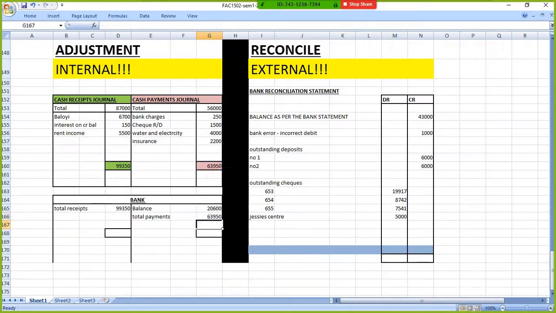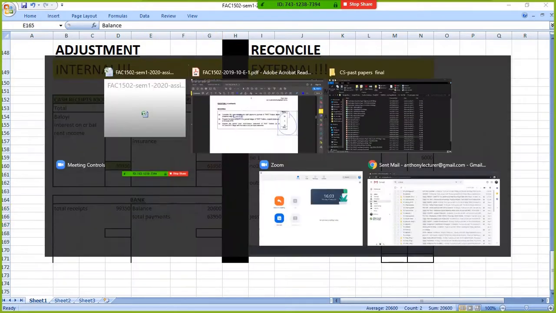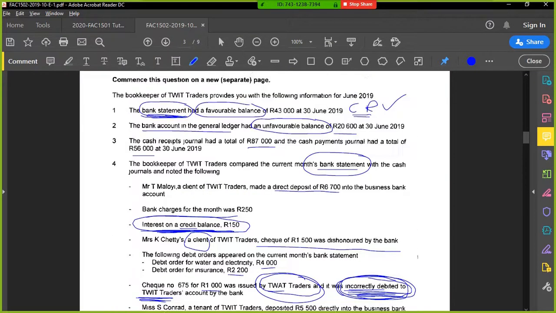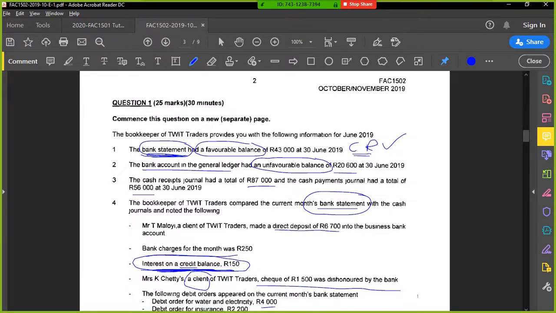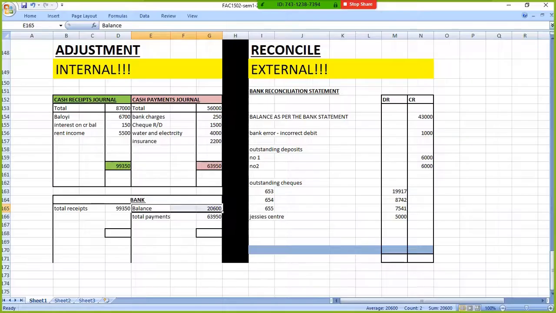Where did you get that balance of 20600 from again? Oh, sorry. From the question. Okay. The bank account in the general ledger. Unfavorable liability. Okay, thanks. Balance the account.